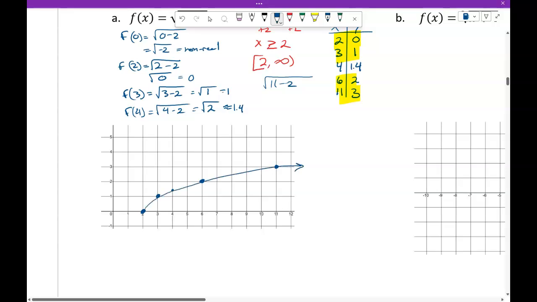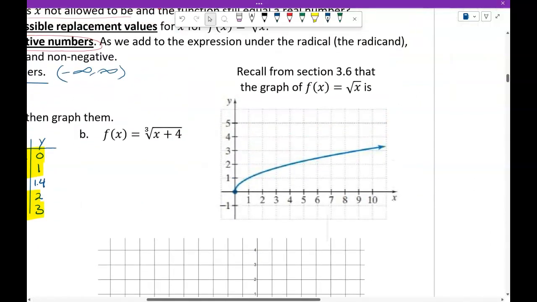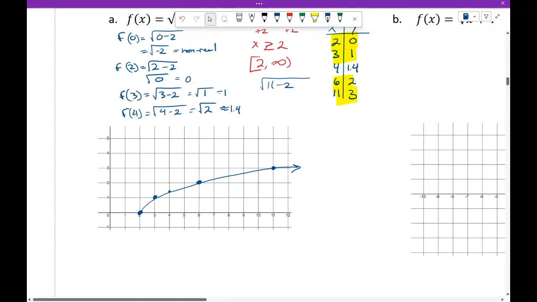We see that arch that rises quickly and then levels off very soon being formed, which matches our parent function that we saw in an earlier chapter of the square root function. Notice how it doesn't go to the left at all, because when we tried to plug in a smaller number like 0, we got a non-real number, and I can't graph non-real numbers on the Cartesian grid.